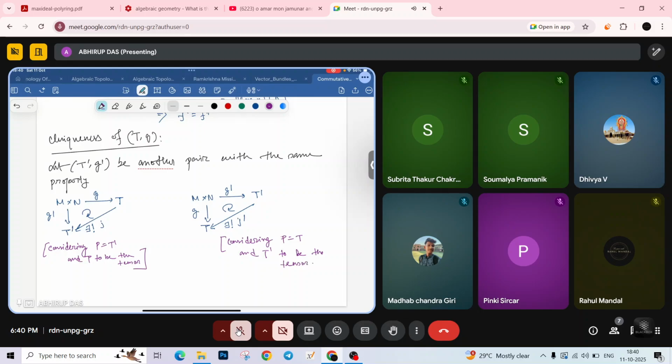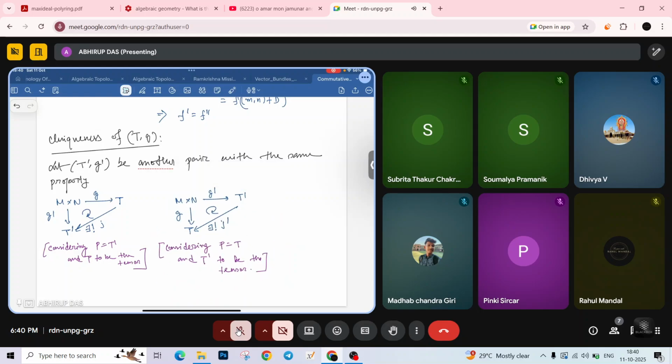Right, Madhav? Thus we have these diagrams, and here you have, with this commutativity, I guess you have G prime is J compose G, I believe, and here you have G equals J prime compose G prime.